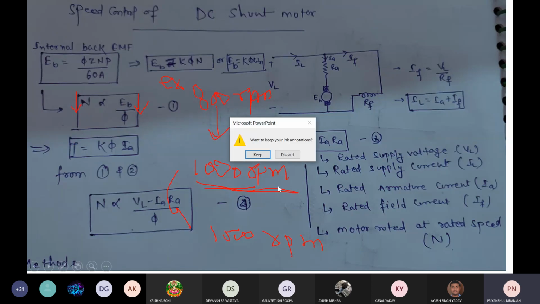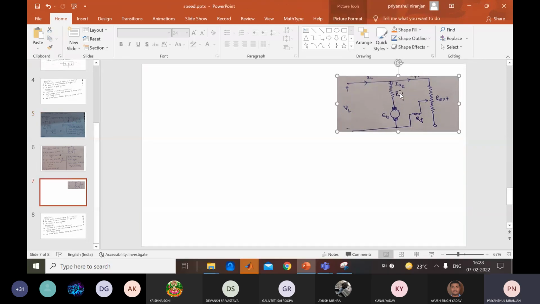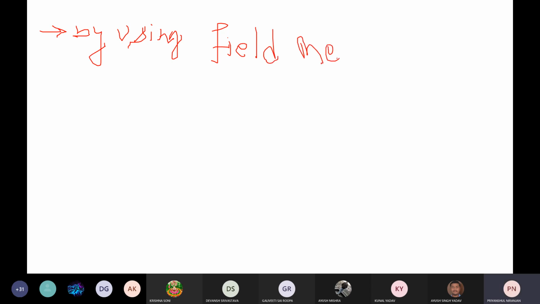So we conclude that by using the field method, we control the above rated speed.